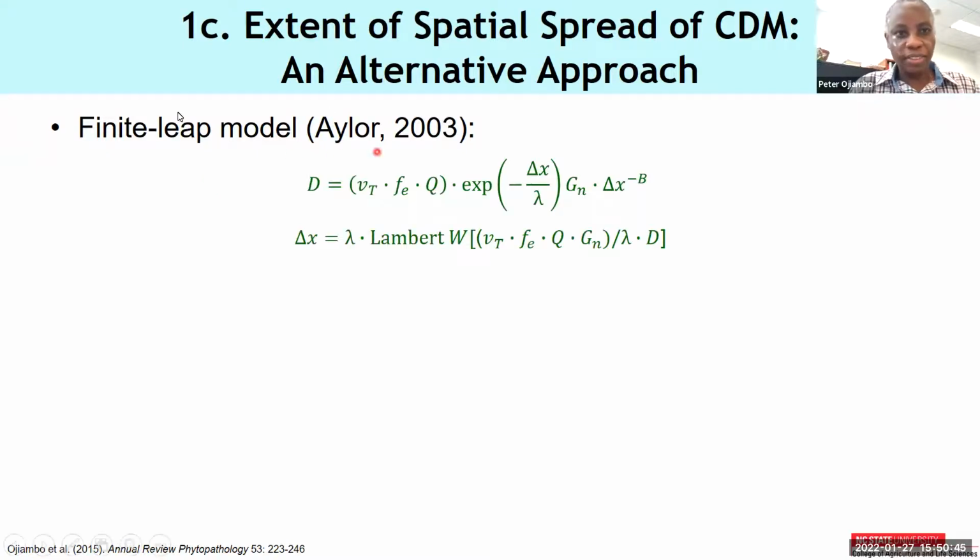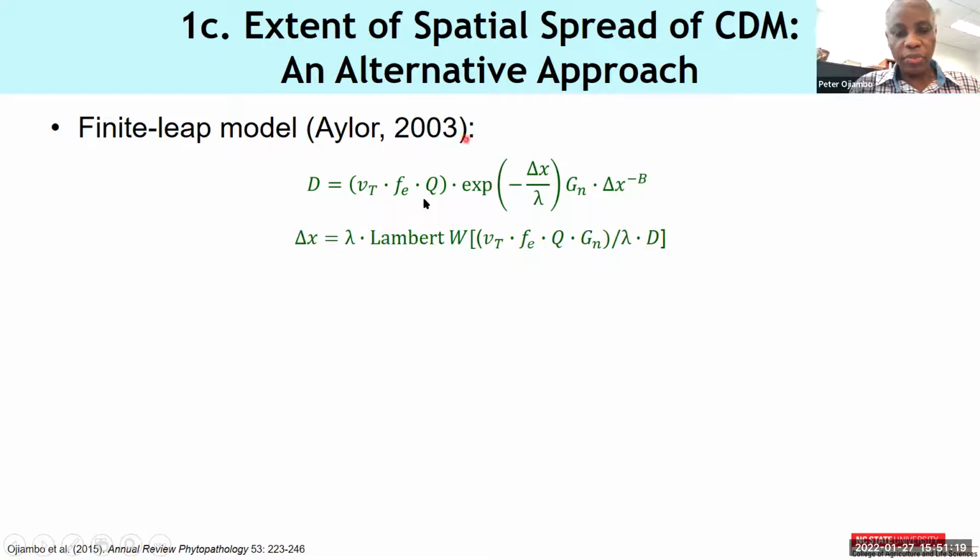This is the finite leap model developed by Ayla, the one with the D. D here is the probability that spores can leap over distance X. V, F, and Q are aspects related to the aerobiology of the pathogen, like inoculum production and the ability to survive and escape. Lambda is still the intensity of the spatial process, and G and B are aspects related to the wind mechanics, in terms of how wind affects spore deposition.